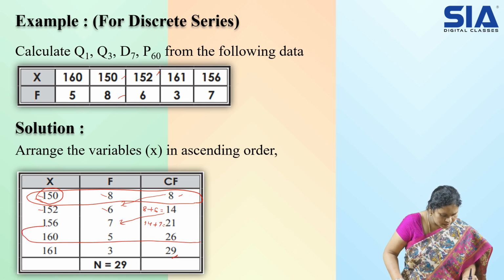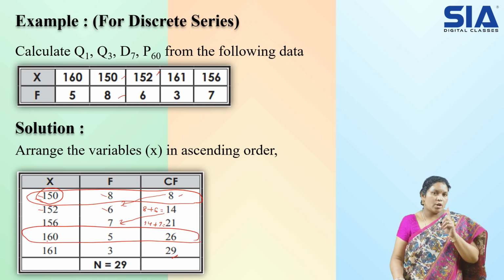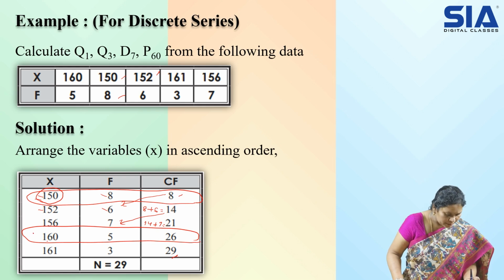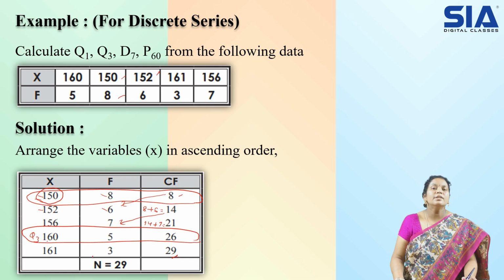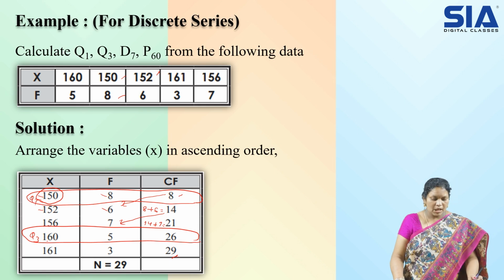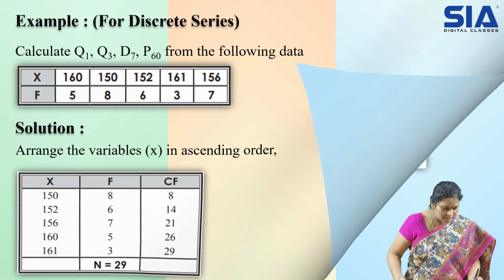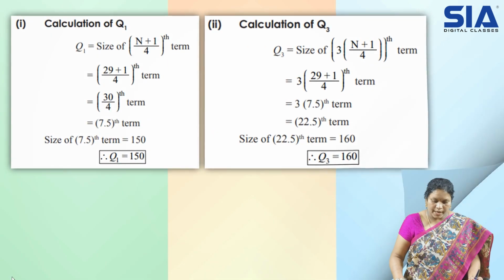So the value corresponding to 26, 160, is the x value, again not CF, not f, the x value. So the x value becomes your Q3. This is how we obtain the Q3 value. The first value Q1 we obtained is 150, next 160 becomes your Q3. So for discrete data, this is how we calculate Q1 and Q3.